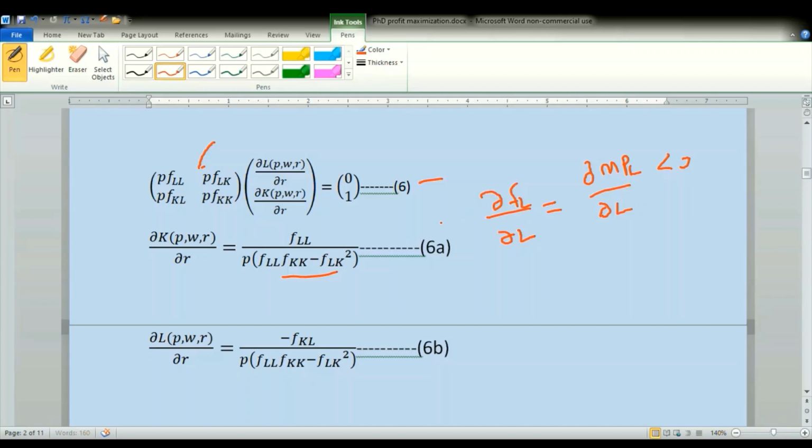And like I explained earlier, there is something that makes sense when we recall that the firm is producing in the second stage of production. So results are not very much different from 5A and 5B. So here own price effect is negative, and cross price effect can be negative or it can be positive. Both possibilities are there.